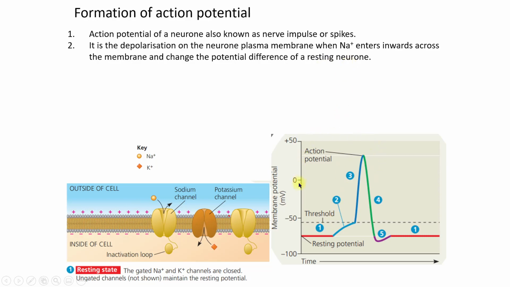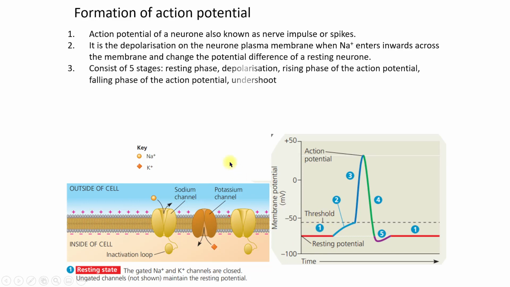So we have this graph here, membrane potential against time. This is the part where we have a resting potential. Now, formation of action potential consists of 5 stages: resting phase, depolarization, rising phase of the action potential, falling phase of the action potential, and undershoot.